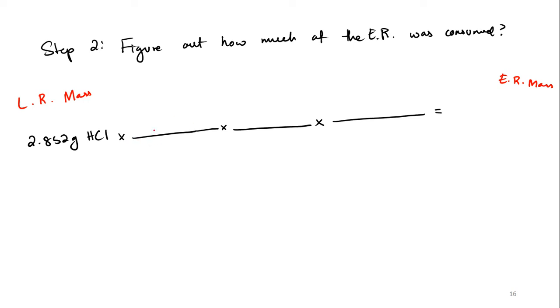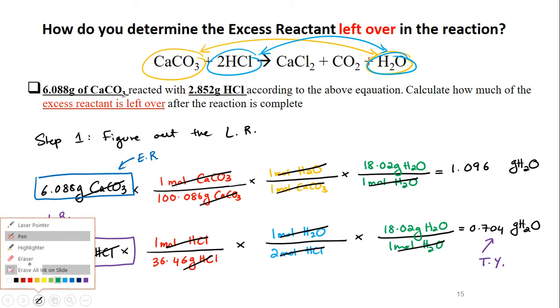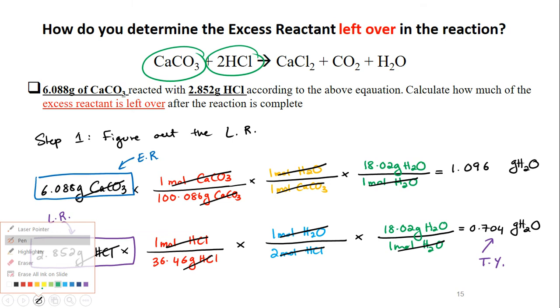We need the molar mass of HCl here, so 36.46 grams of HCl on the bottom, 1 mole of HCl on the top. We have to look at the ratio between calcium carbonate and our hydrochloric acid now. So that's 1 calcium carbonate for every 2 moles of hydrochloric acid.